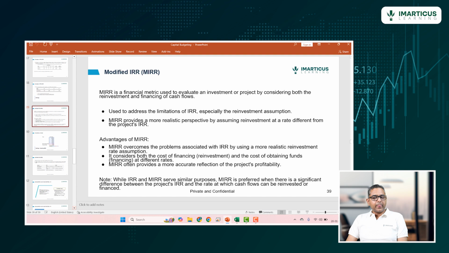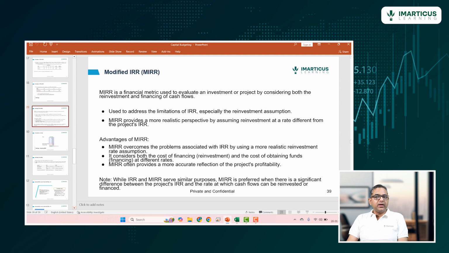So what is the main difference between IRR and modified IRR is that if we think that interim cash flows cannot be reinvested at the same rate as IRR, then IRR is not giving us a realistic picture.